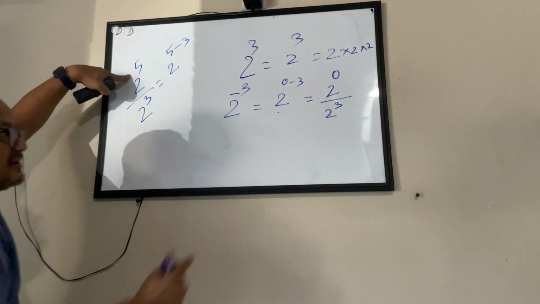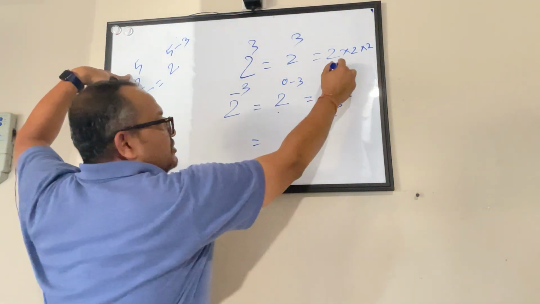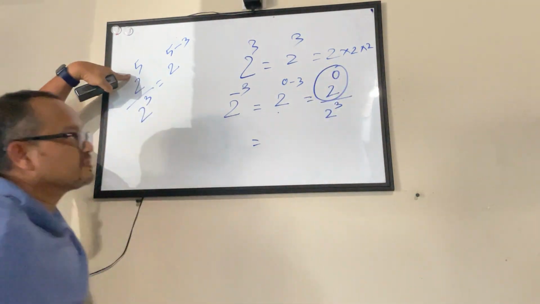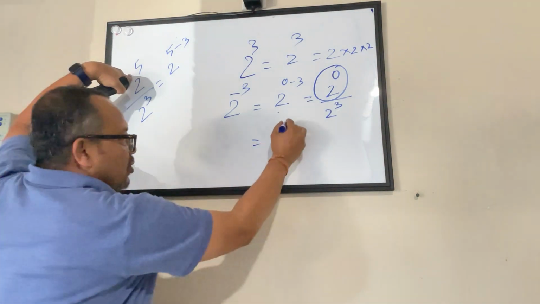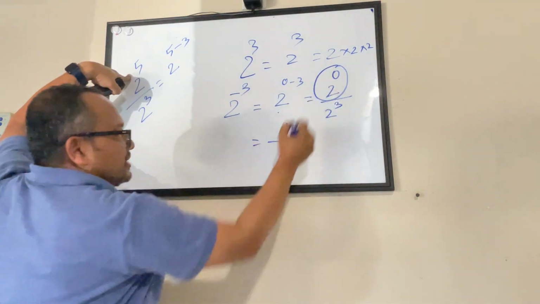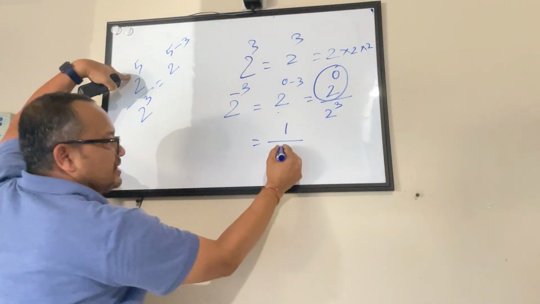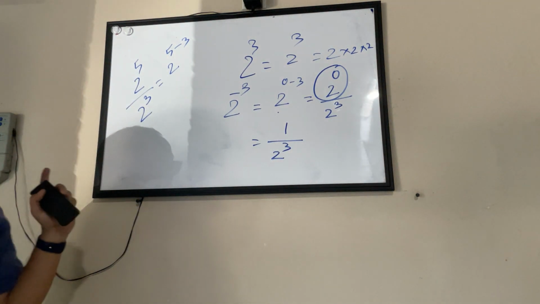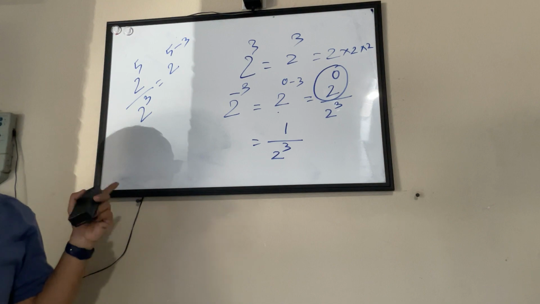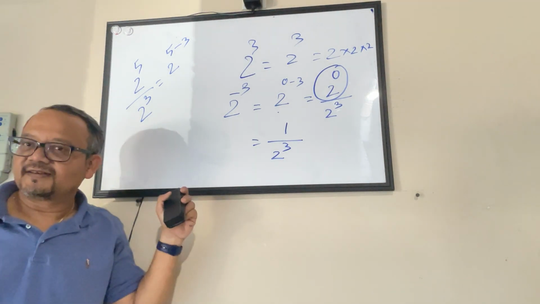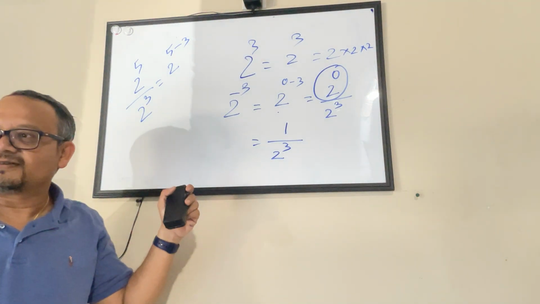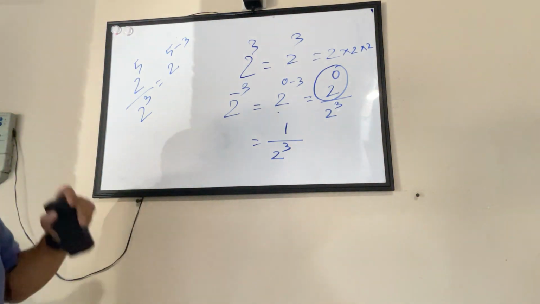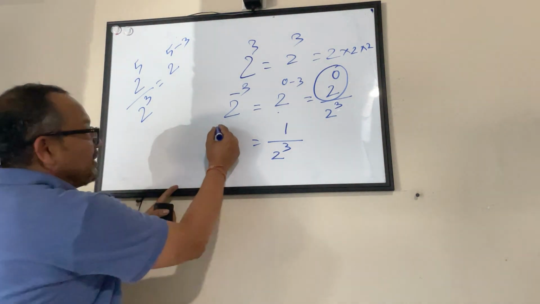And I told you guys just 2 minutes ago, any number to the power 0 is 1, so it becomes 1 by this. Are you guys with me so far? So what actually happened?